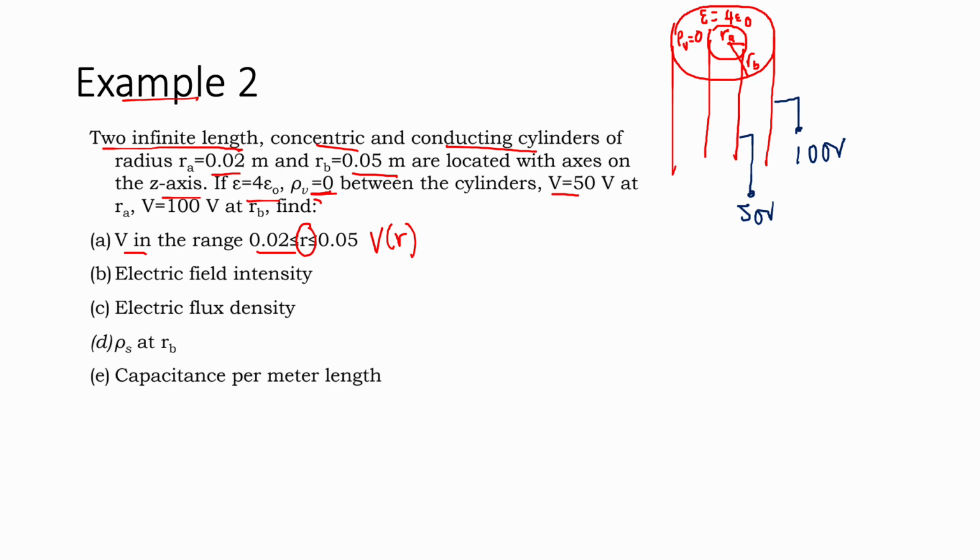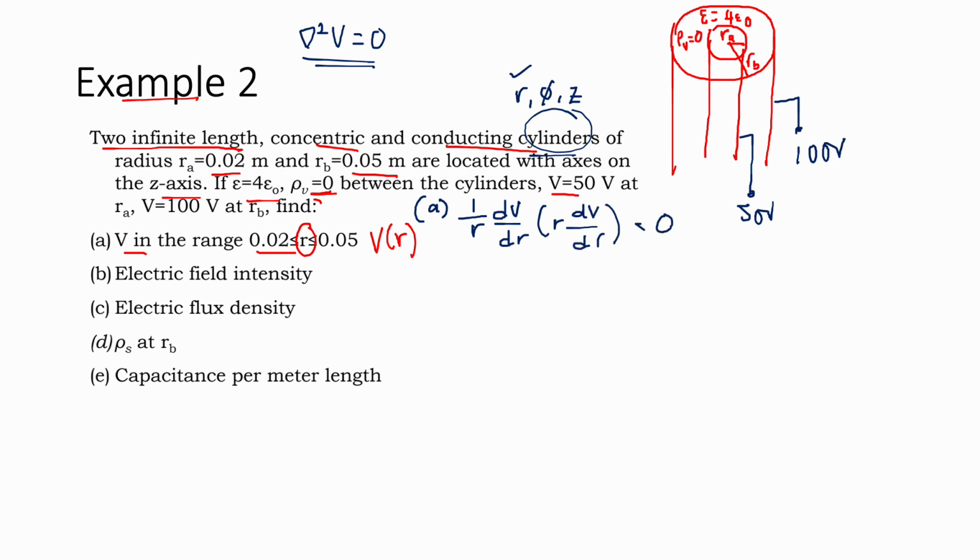Alright, so first we need to identify the orthogonal coordinate system. Straight away we know that in this case it is going to be the cylinder, and the variables are R, phi and z, but we are only interested in R. So based on the Laplacian formula for the cylinder in the R element, it will be 1 over R d/dR of R dV/dR is equal to 0.